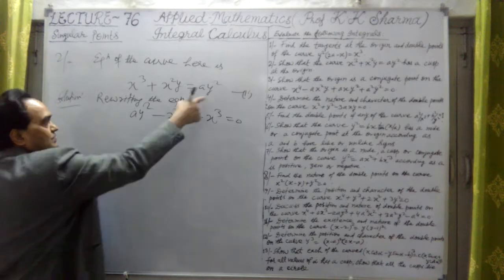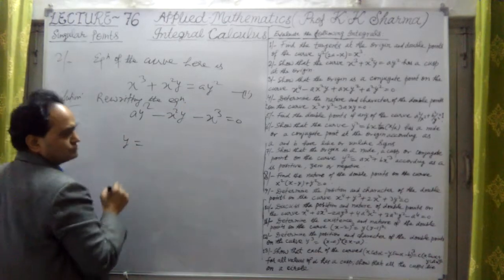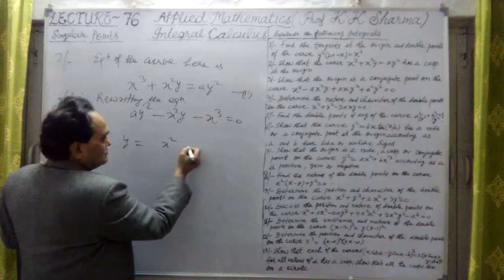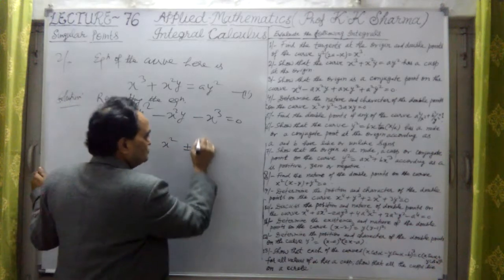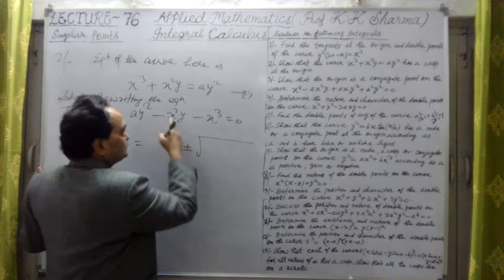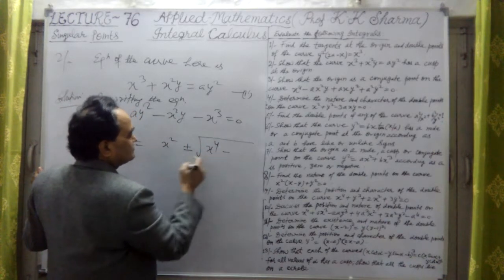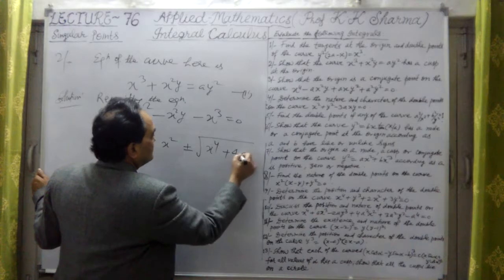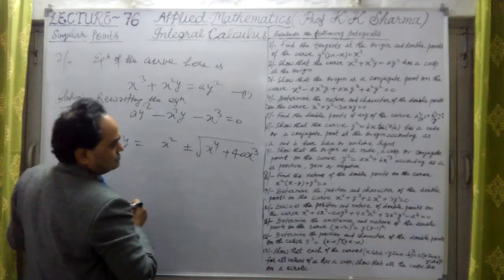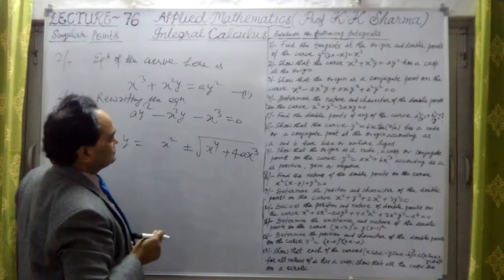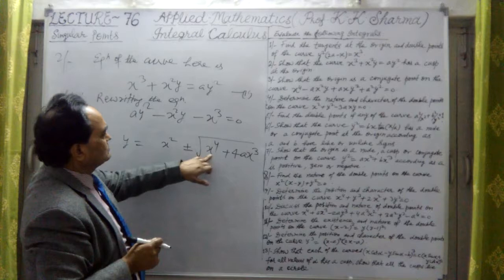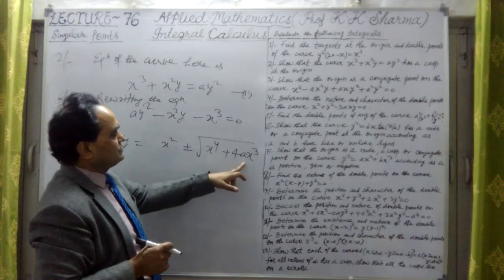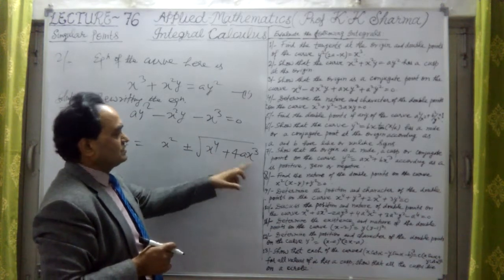So y is equal to minus b, that means x square, plus or minus the square root of b square, x to the power 4, minus 4ac, which gives plus 4a into x cube, all upon 2a.